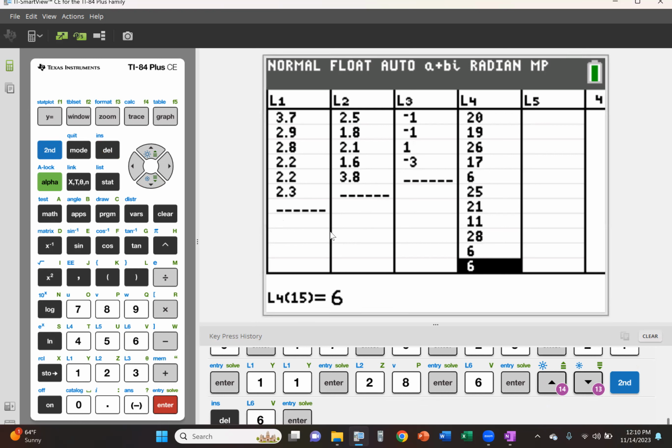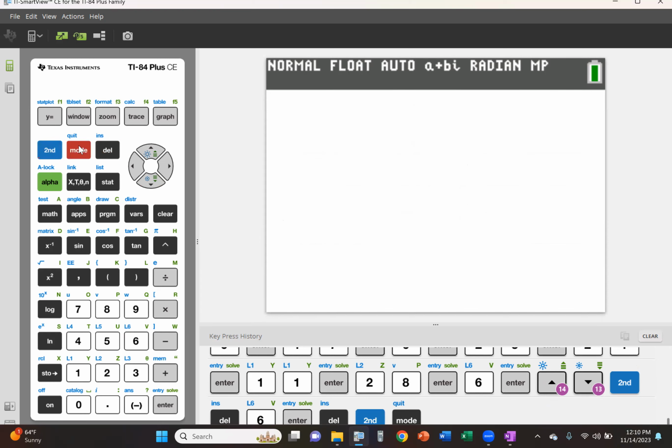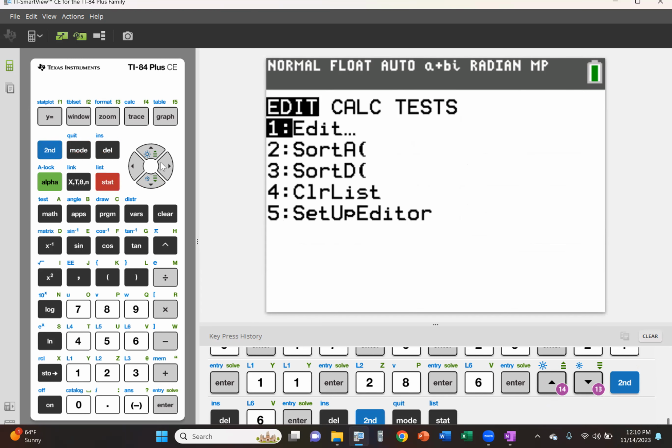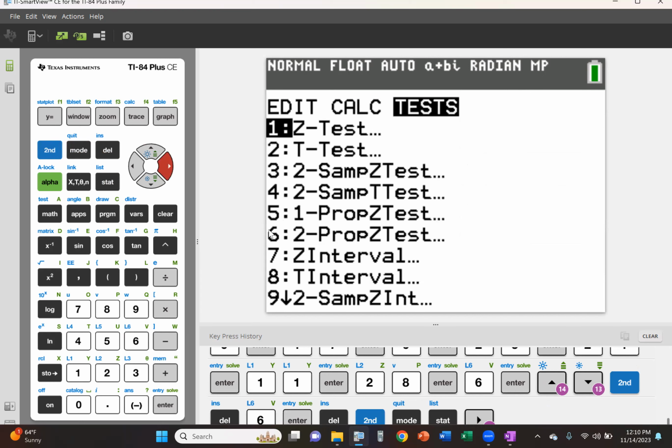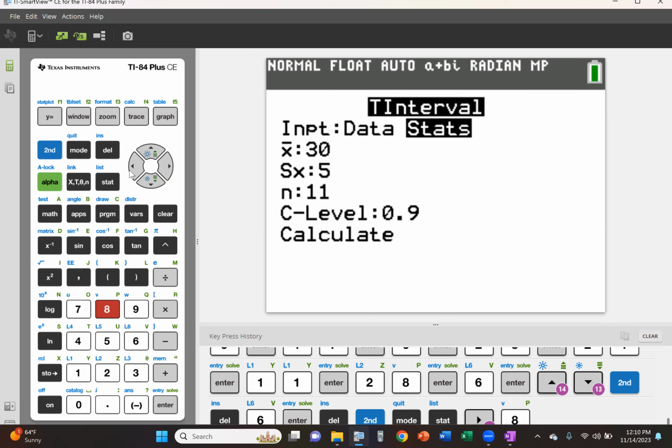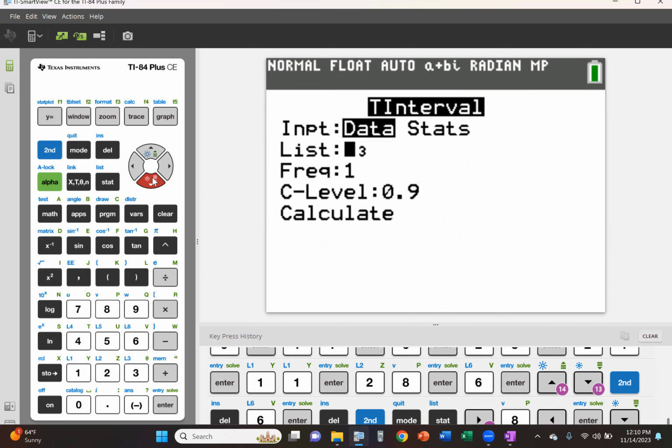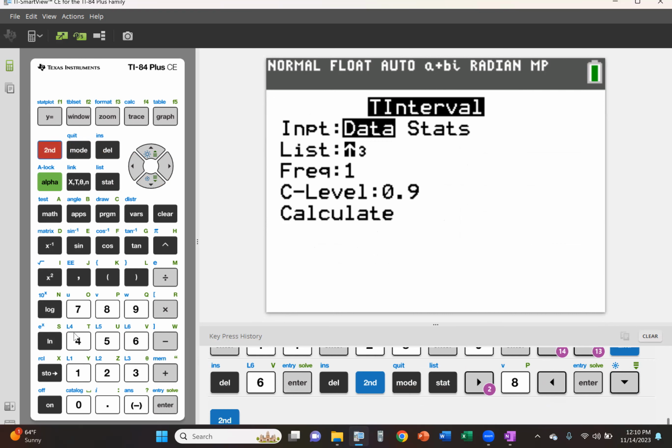Okay. Now get out of here. Second quit. Okay, stat, tests. We're going to do a t-interval on the data that I put in L4. And we're going to be running a 98% confidence interval, 0.98.